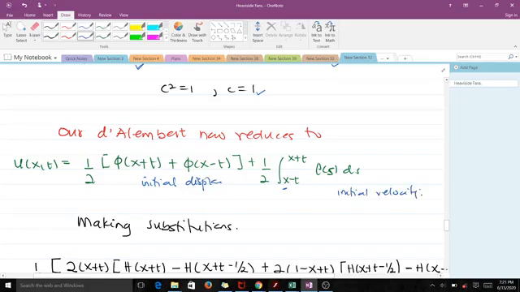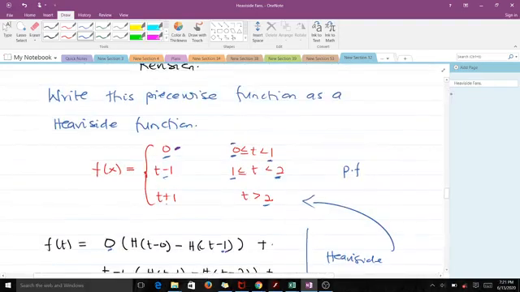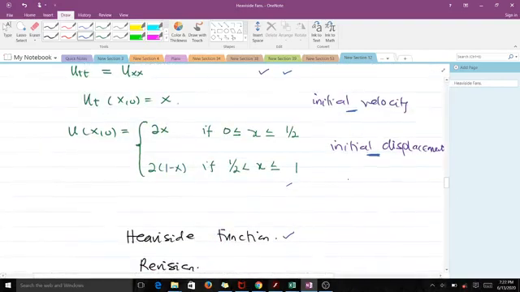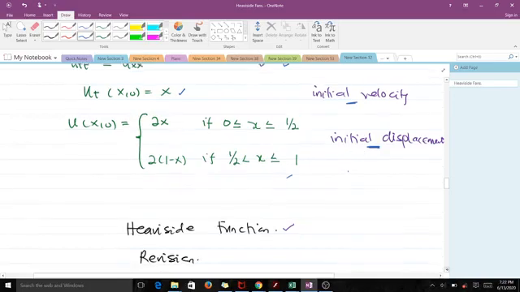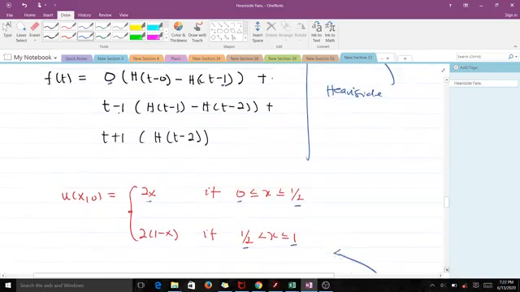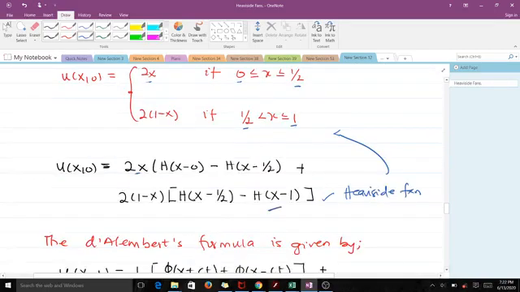So from the question, our initial velocity was x, and the whole of this was our initial displacement, which we've written as a Heaviside function, and this is the Heaviside function.